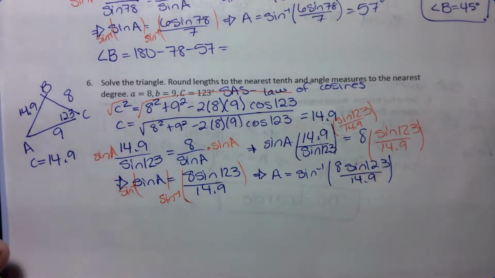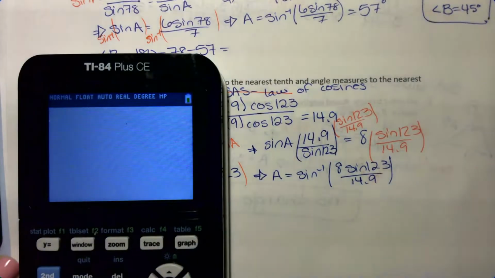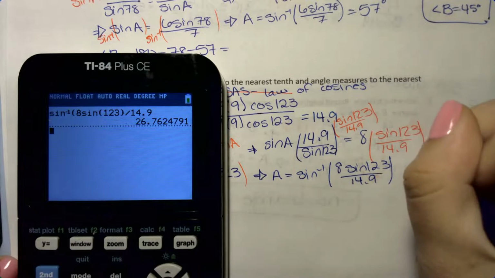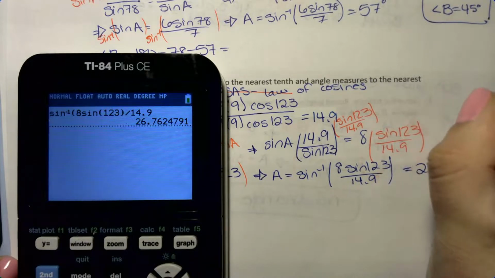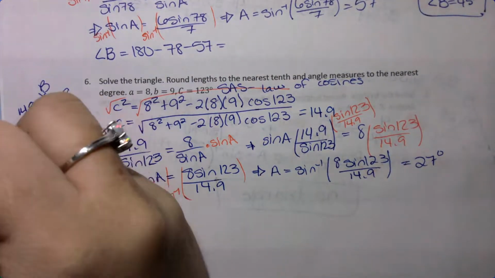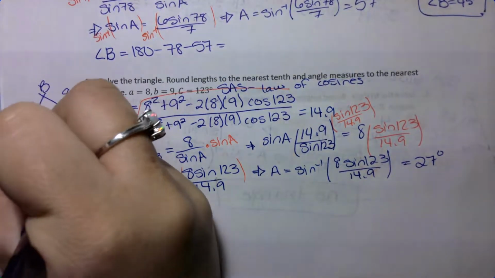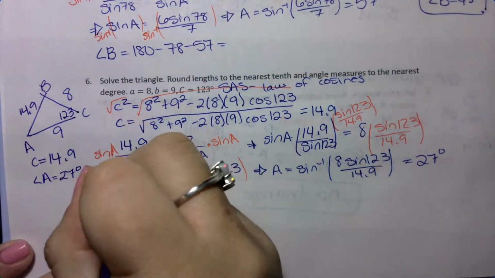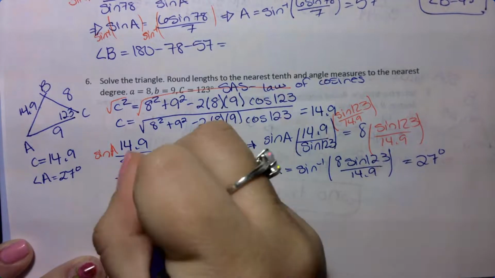Then I just want to type that into my calculator. This is an angle measure, so I'm rounding to the nearest whole number, which is 27 degrees. I have 2 of my 3 angles for this triangle, so I can take the third one and subtract from 180.